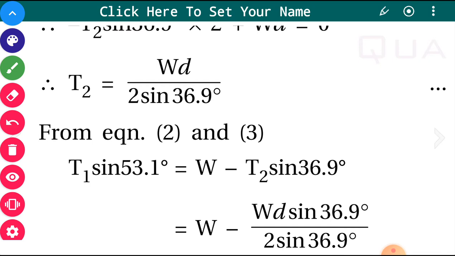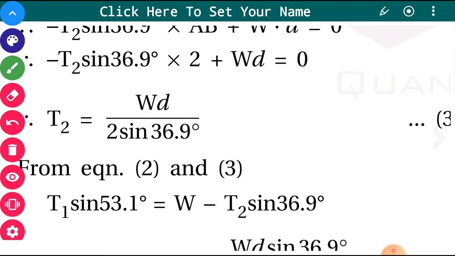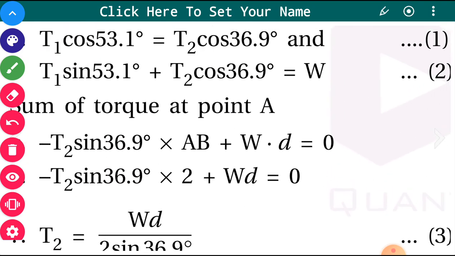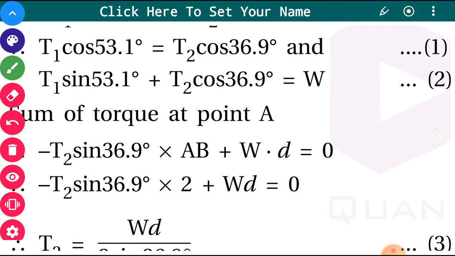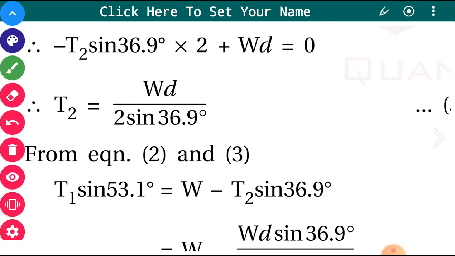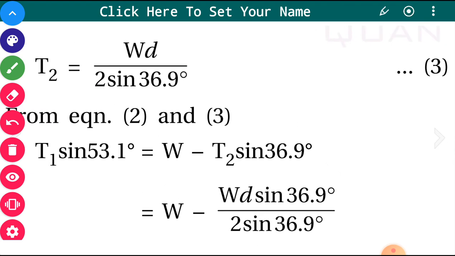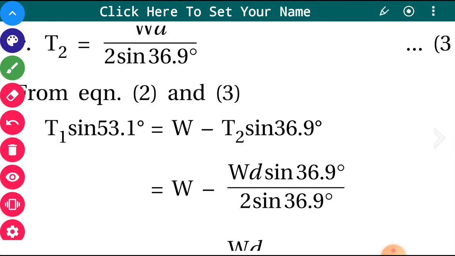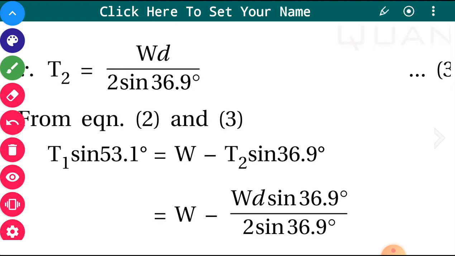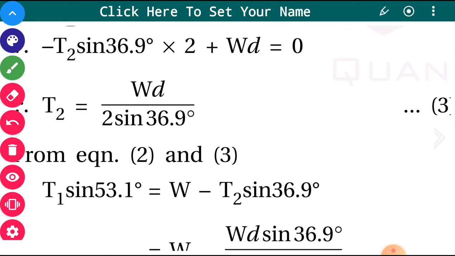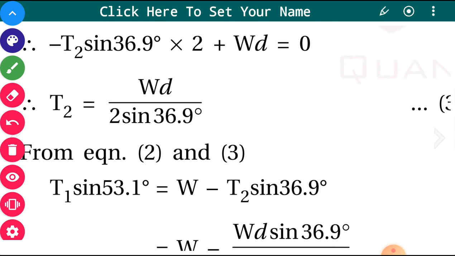And from equations 2 and 3, the second equation gives us W, that is T1 sin 53.1 plus T2 sin 36.9 is equal to W. So just combining these two equations, T2 is WD upon 2 sin 36.9.